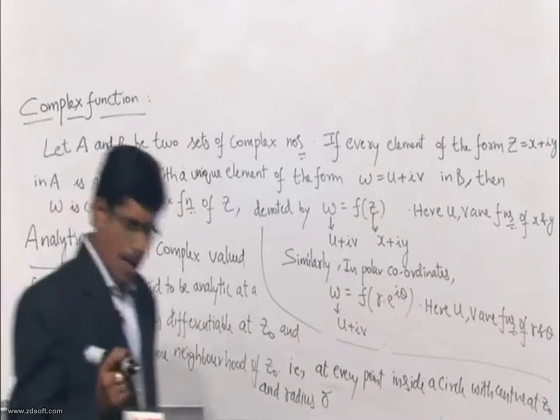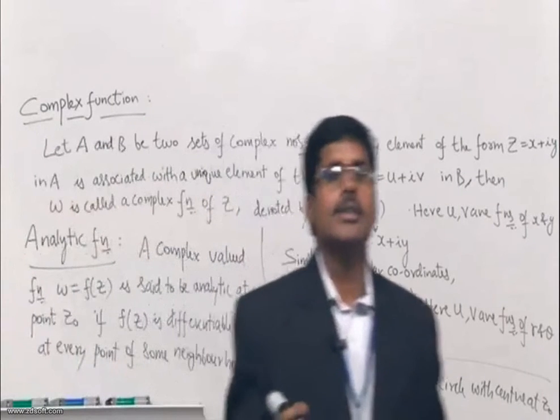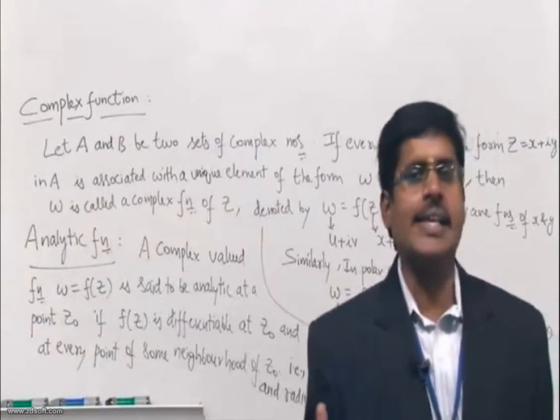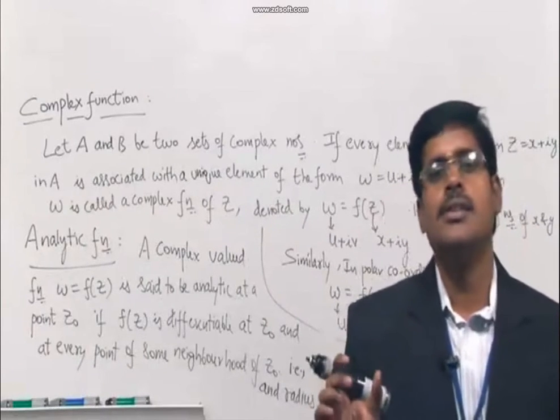So, neighborhood of a complex number z0 is nothing but the set of all points lying inside a circle having center at z0 and radius delta.